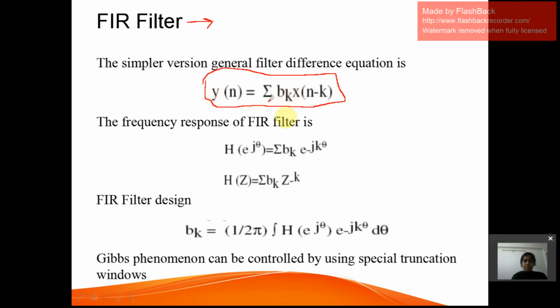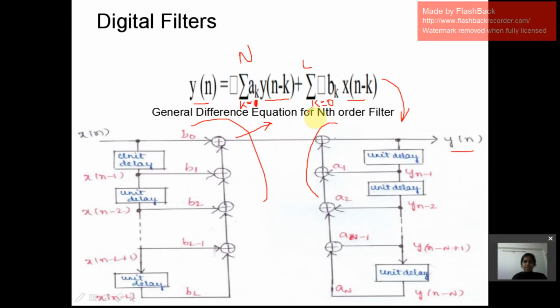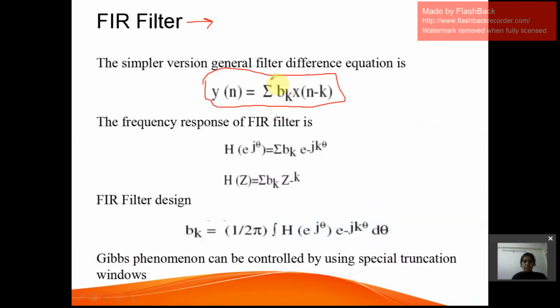In the previous slide, the second part, only this part, where k varies from 0 to L, is the general equation for FIR filter.